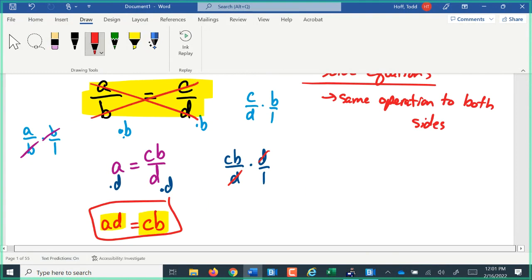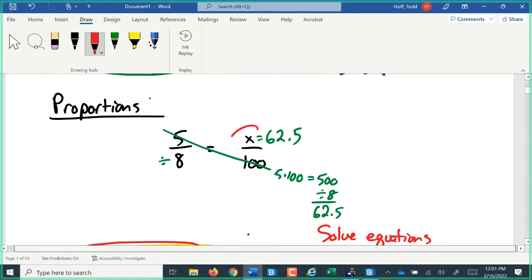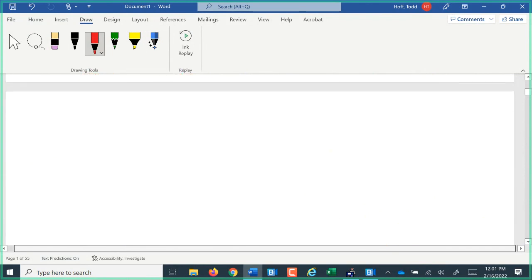So the cross multiplying and dividing is just a shortcut that comes from our regular algebra of equations by doing the same thing to both sides. I show you this because sometimes we're going to run into proportions where we aren't just going to have a single item missing fitting in one spot of the proportion. We might have something like this.